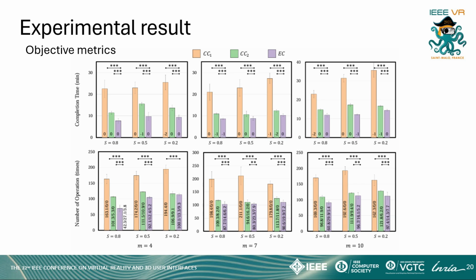Besides the above metrics, we also recorded the single-object and multi-object selection times for both CC and EC methods, and the number of conducting PwP modules for the EC method. For subjective metrics, we used the standard NASA TLX questionnaire to measure the task load, and the system usability score, SUS, to measure the usability of the methods. Each participant filled out the questionnaires after they completed the task.